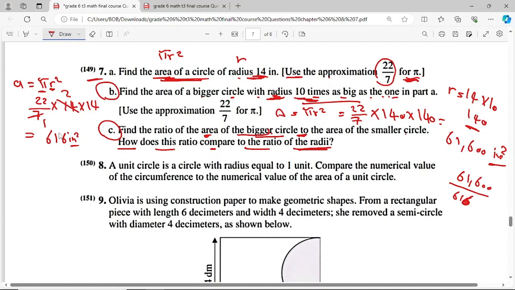So that means we make the division: 616 by 616 equals 1, and 61,600 by 616 will be equal to 100.